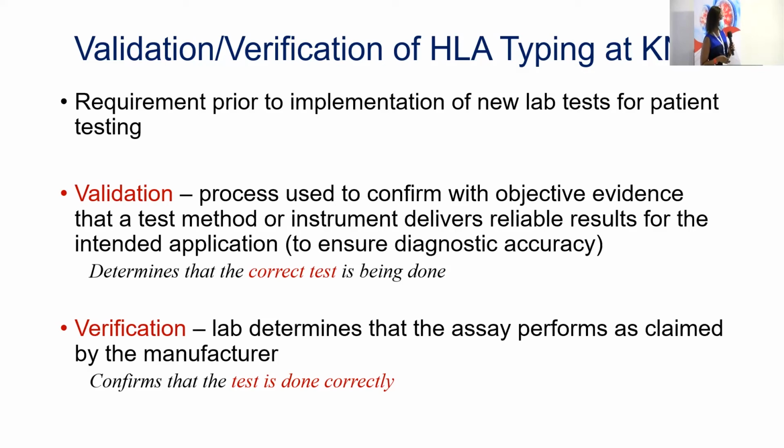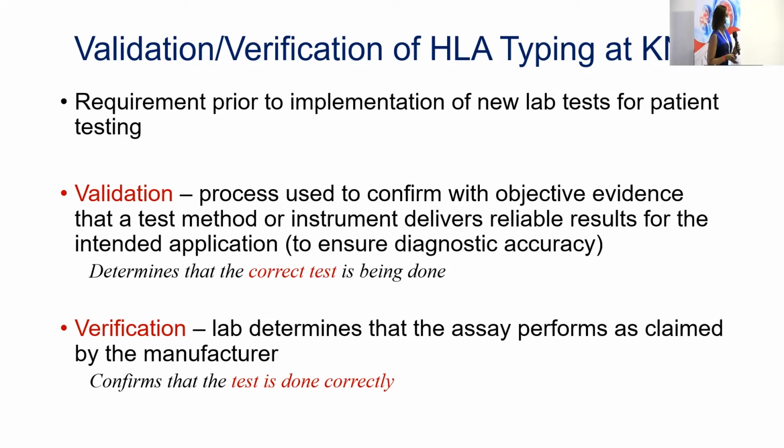Validation would be for a completely new test. For those of us using commercial reagents, we're not developing our own tests in the lab. Usually the manufacturer has already validated the test to give specific performance characteristics. What you want to ensure is that this test is able to produce reliable results for the intended application, so that you can make the right diagnosis using that test.